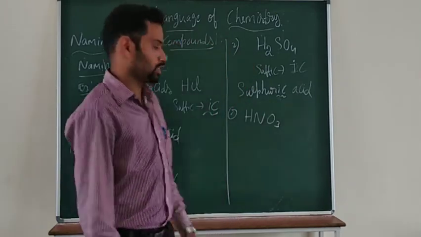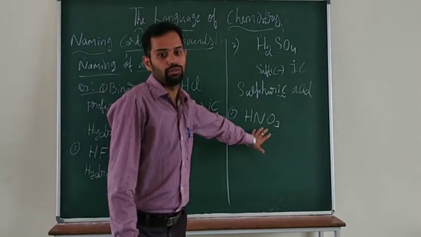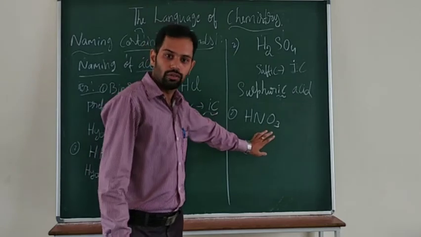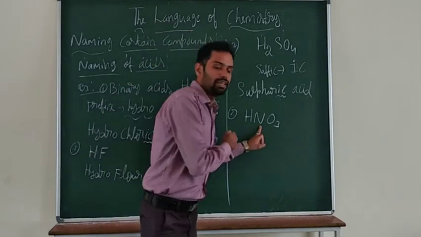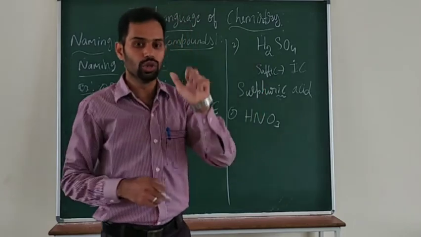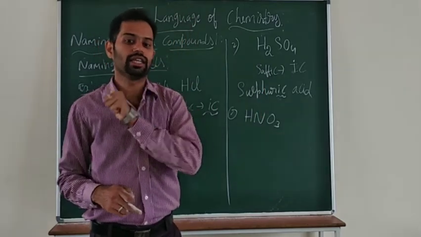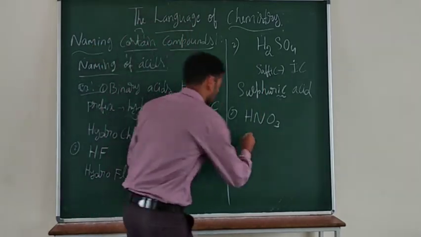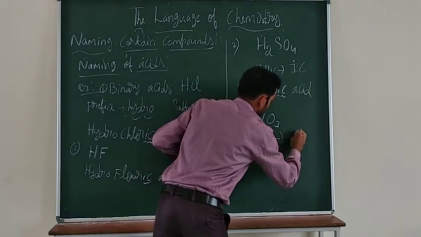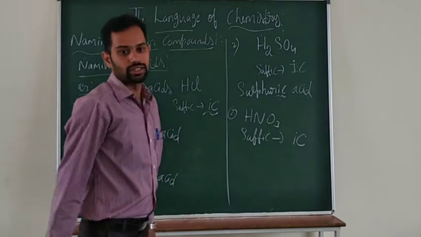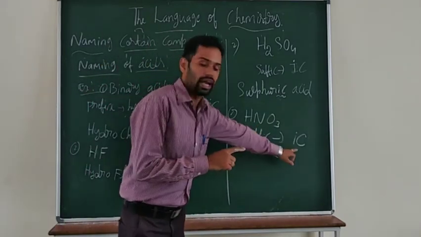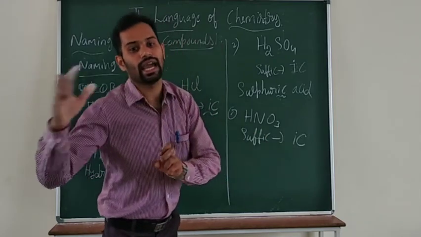One more example: HNO3. It is also a polyatomic compound. How to name this? We see the second element, nitrogen, and use suffix IC. So the second element is nitrogen, suffix IC, then nitric acid.